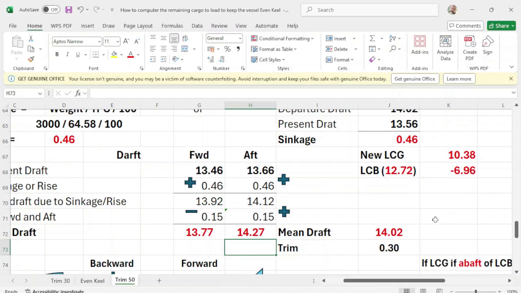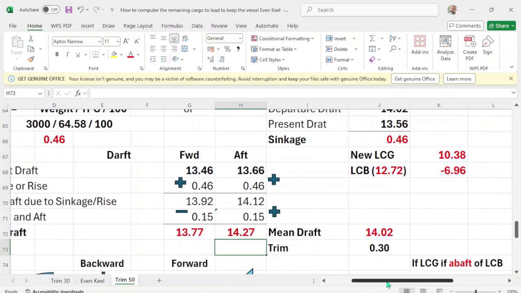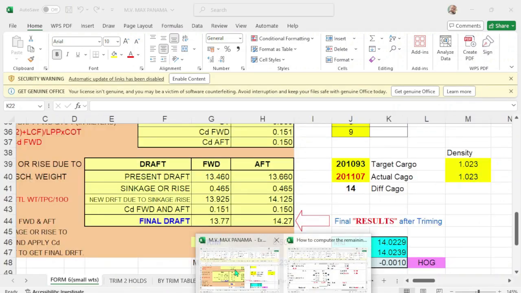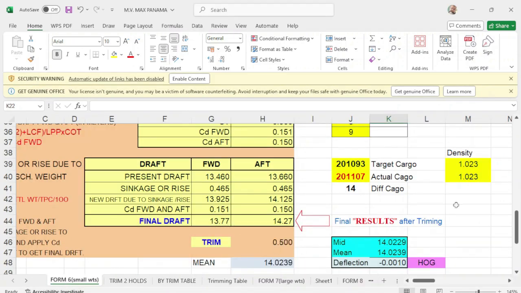Now, what is the LCG of, what is the new LCG? Okay, the new LCG should be this one. You go here.